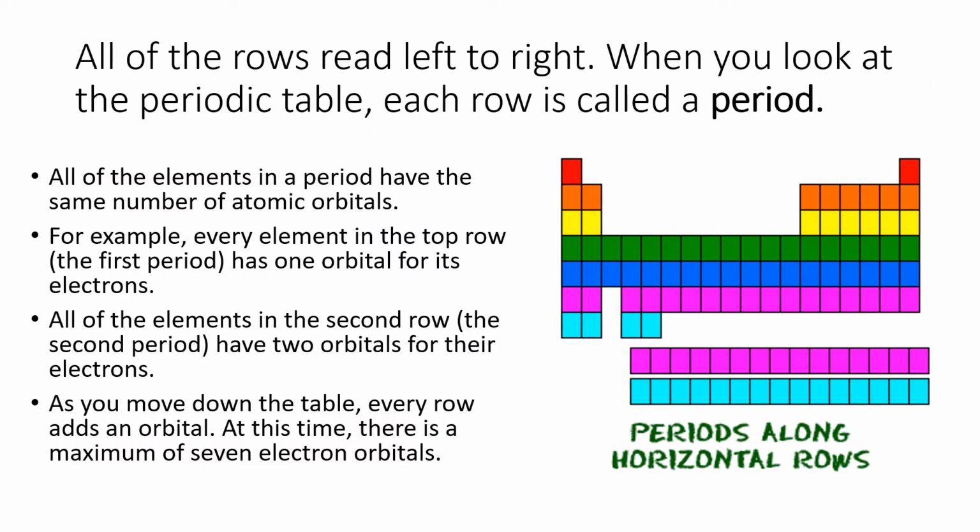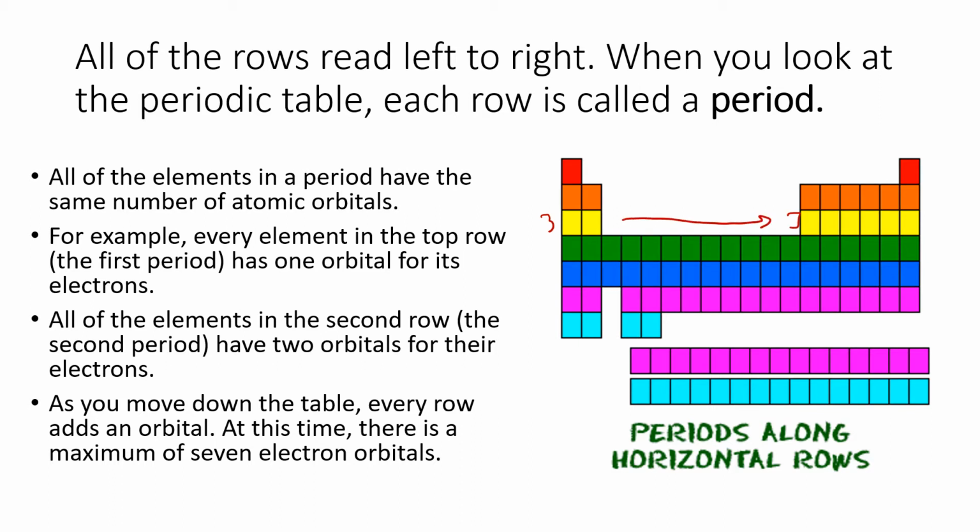So all the rows are read from left to right. When you look at the periodic table, each row is called a period. So horizontally, those are periods or rows. All the elements in a period have the same number of atomic orbitals. So as you go across, this is the third one, so 3s2, 3p6 going across this way.